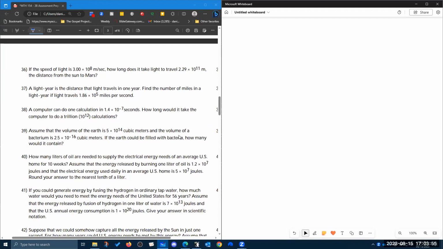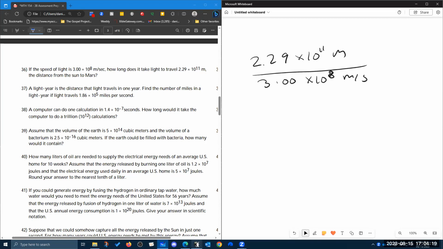If the speed of light is 3.00 times 10 to the 8 meters per second, how long does it take light to travel a distance of 2.29 times 10 to the 11th meters?